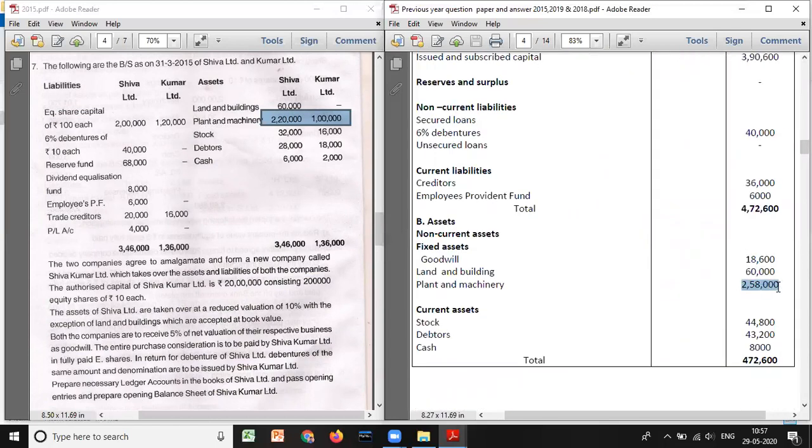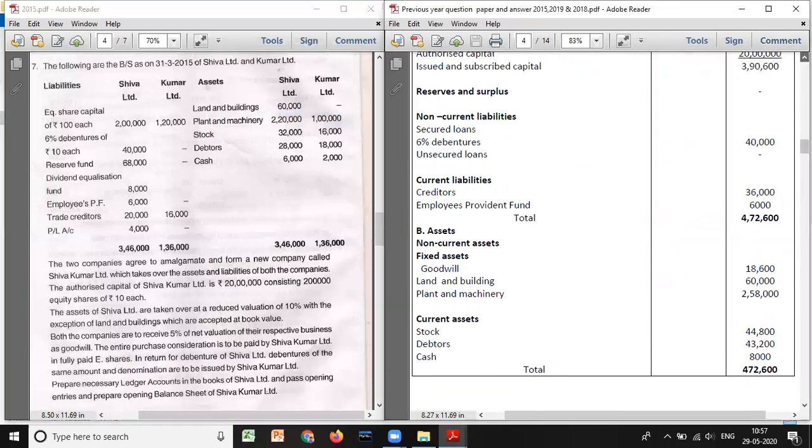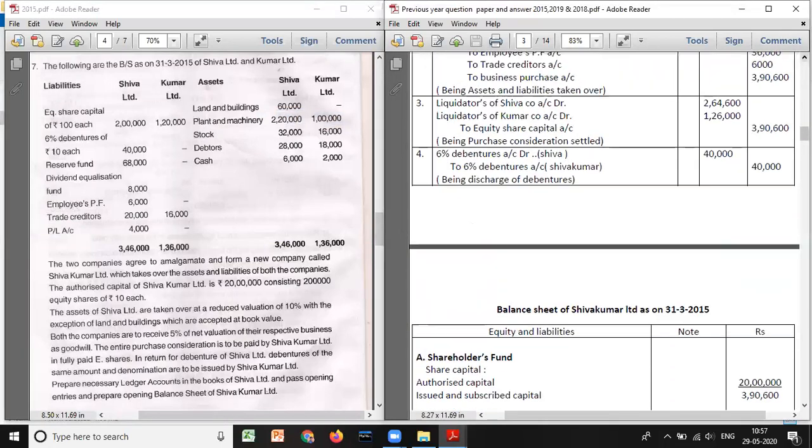Please correct this, it is 2,98,000. Next, we have stock, 32 plus 16. Sorry, we have an adjustment here. 32 means minus 10% they have given, so it will be around 28,800.